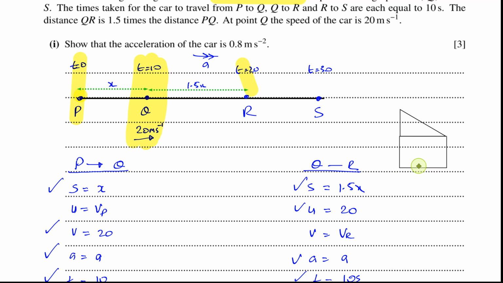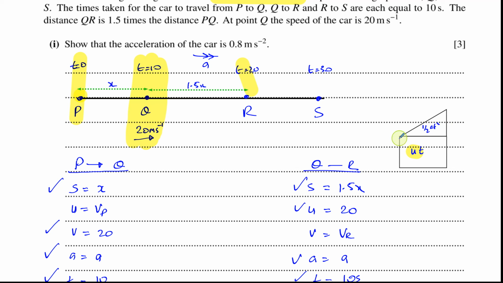So if I just flip this to make it better. So basically, UT is this, in a speed time graph, and this is your half AT squared. That's the area of this part here.